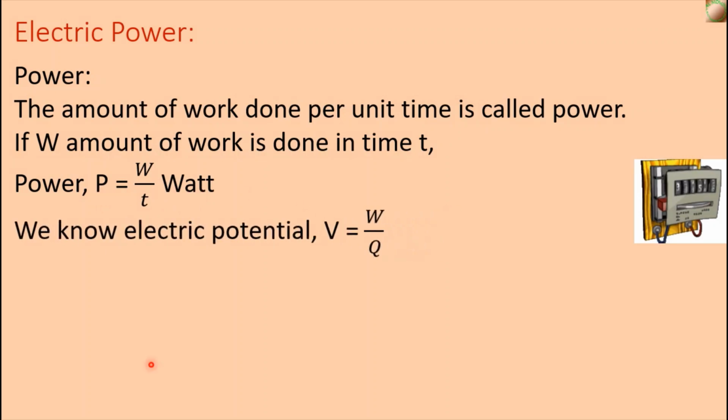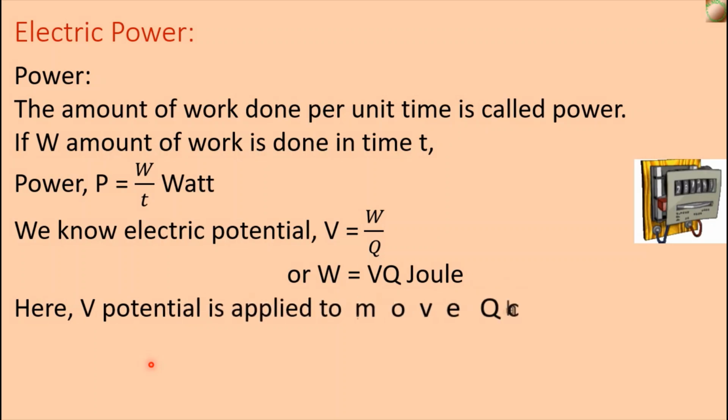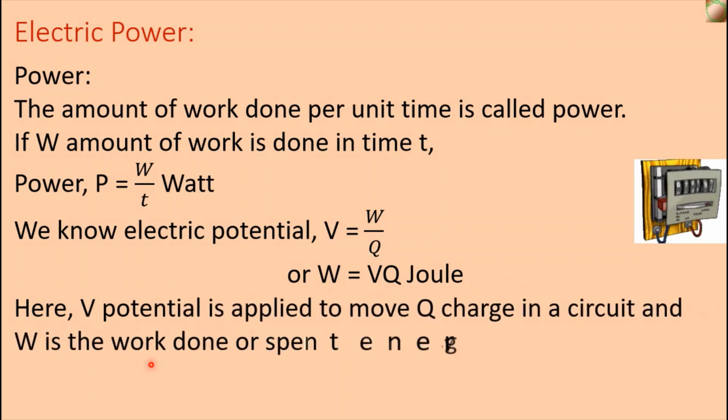We know electric potential V is equal to W divided by Q, or W is equal to VQ joule. Here V potential is applied to move Q charge in a circuit, and W is the work done or spent energy.